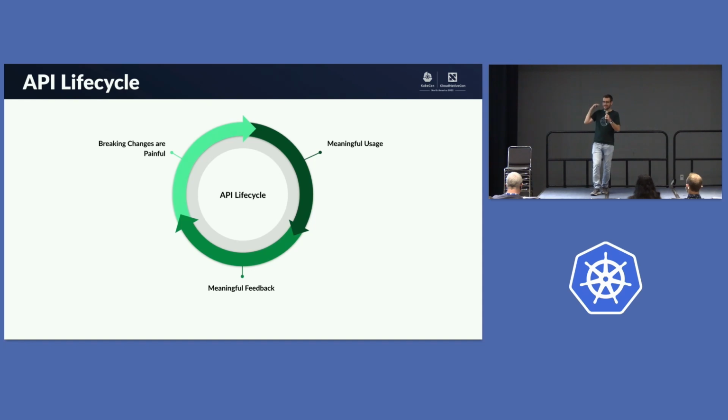And so we have these thoughts in our mind of, well, this is what makes sense as an implementation. But if you're somebody who might want to use the API in the future, if you can come to us and say, hey, this is an awful UX, it's better to know that sooner while we can still make meaningful changes before we get to the breaking changes are painful stage of that life cycle.